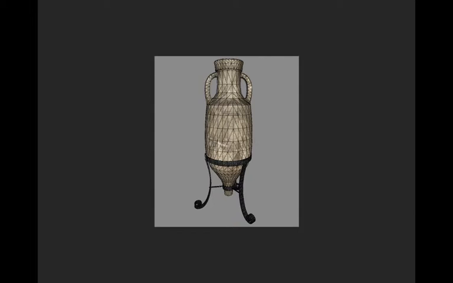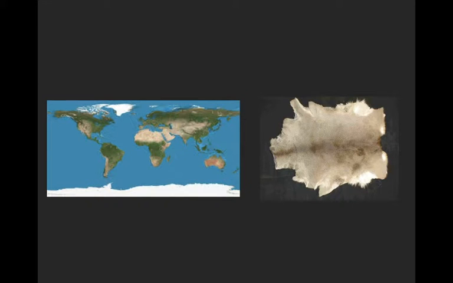So how would we do that? Well, if we take a look at planet Earth, for example, on the left, I'm pretty sure you're all familiar with that map of our continents.